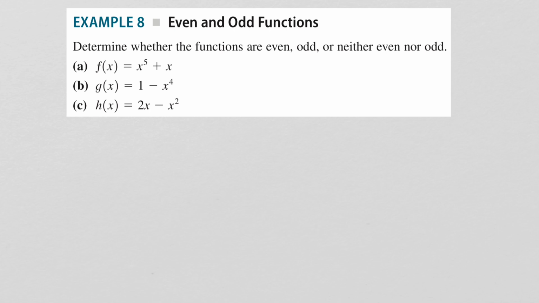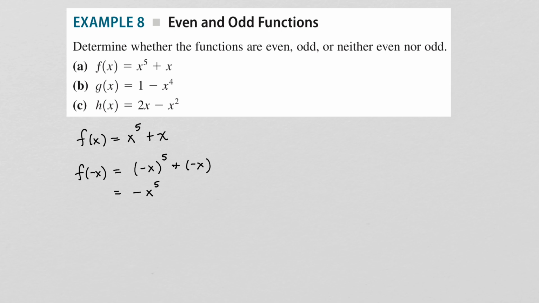So let's go ahead and look at the first function, f of x equals x to the fifth plus x. To test to see if this function is even or odd, we're going to plug in negative x. When I plug in negative x, replacing x, we get the following. Negative x, quantity to the fifth power, is the same as negative x to the fifth.